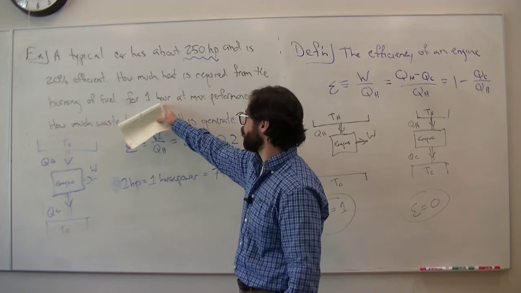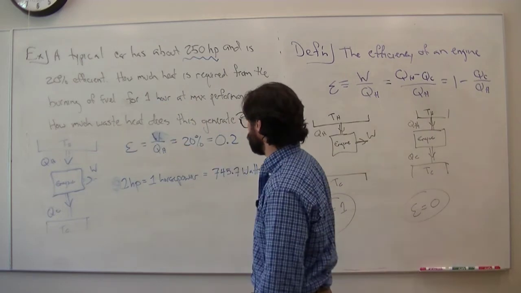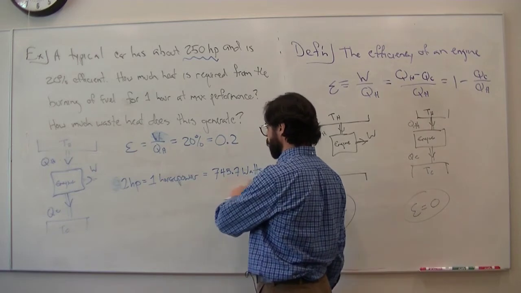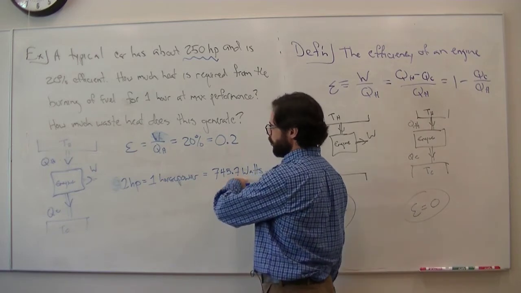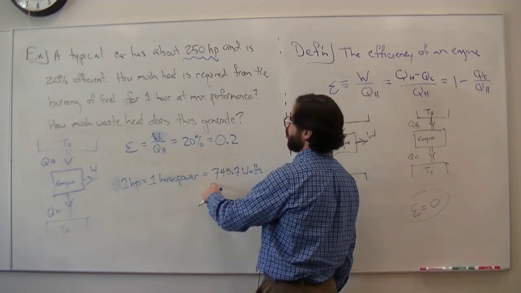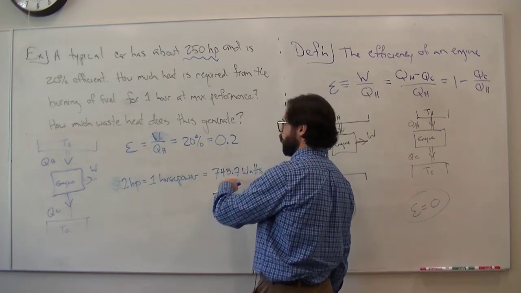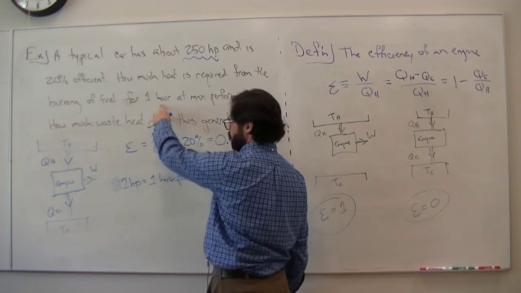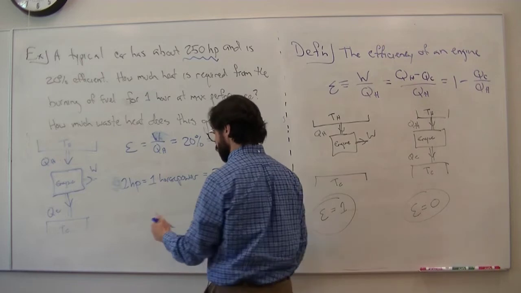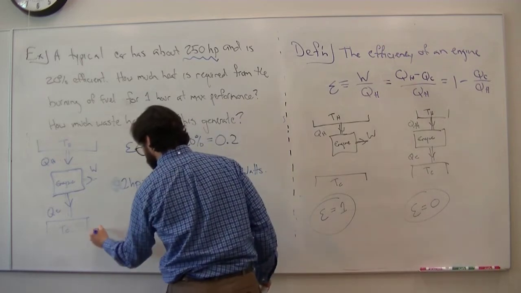So we have our 1 hour time period, so we would turn this into the amount of joules that the car turns into useful work over the course of 1 hour by taking 250 horsepower times this many watts per horsepower times 60 times 60 seconds per hour. So dot, dot, dot, unit conversion.